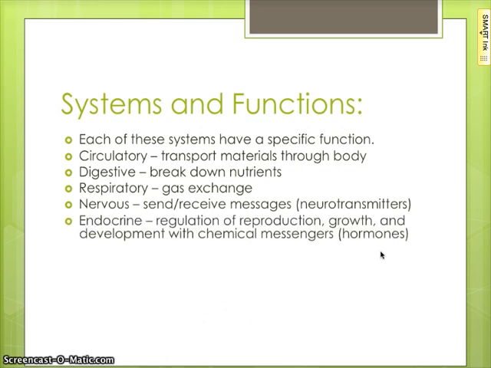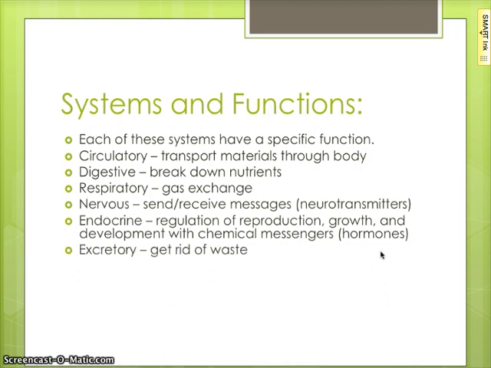And the endocrine system is similar. It regulates the body in some processes like reproduction, growth, and development, and it uses chemical messengers. Those are called hormones, and those travel through the blood. So they're a little bit slower. A message that your body would need to grow would happen over a longer period of time, whereas your nervous system would do something like jump out of the way because a bus is coming at you.